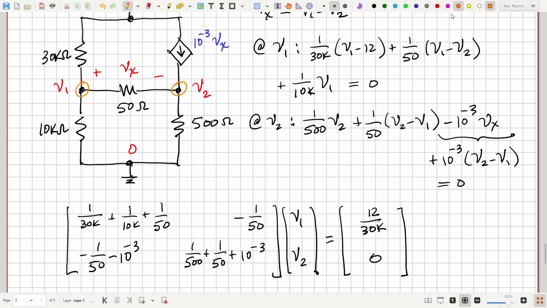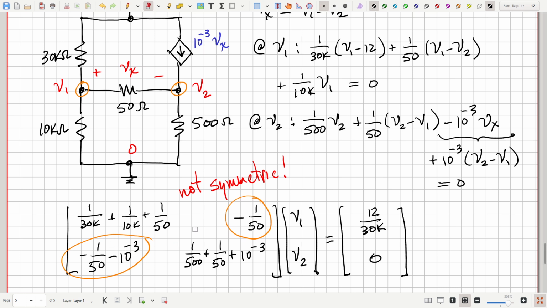Now, once again, notice, this is not symmetric. Generally, when you have dependent sources in a node voltage calculation, the conductance matrix will not be symmetric.